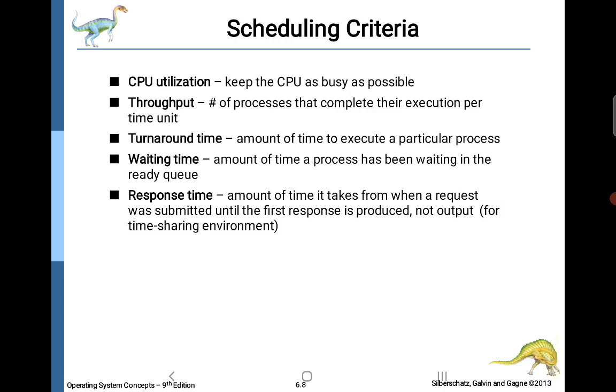We want to maximize the throughput, number of processes that finished execution within time unit. We want to minimize the turnaround time of a process.